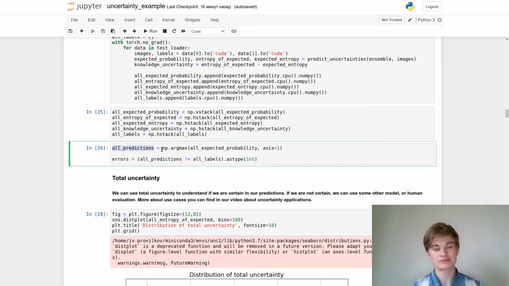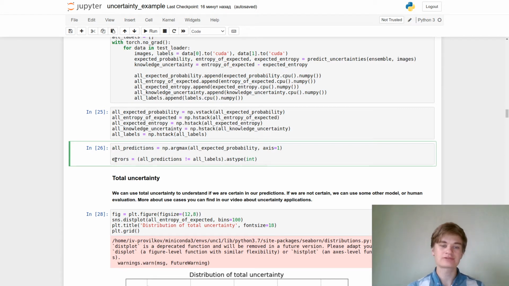Predictions is the array with class IDs, where class is class with the highest probability according to ensemble predictions.